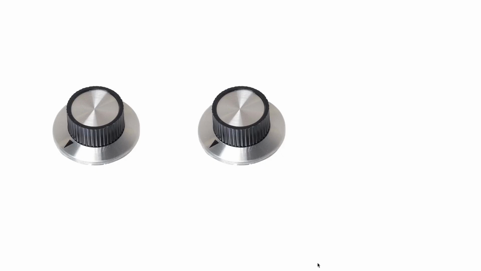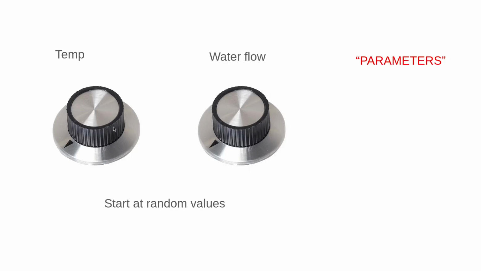Now some of you might be wondering how PyTorch really works under the hood. Here I'm going to give an example of taking a shower. For example, where I live, I have two knobs. One is for the temperature, and one is for the water flow. Within the world of PyTorch, these are called parameters. These are little knobs that you can change to get your desired output.